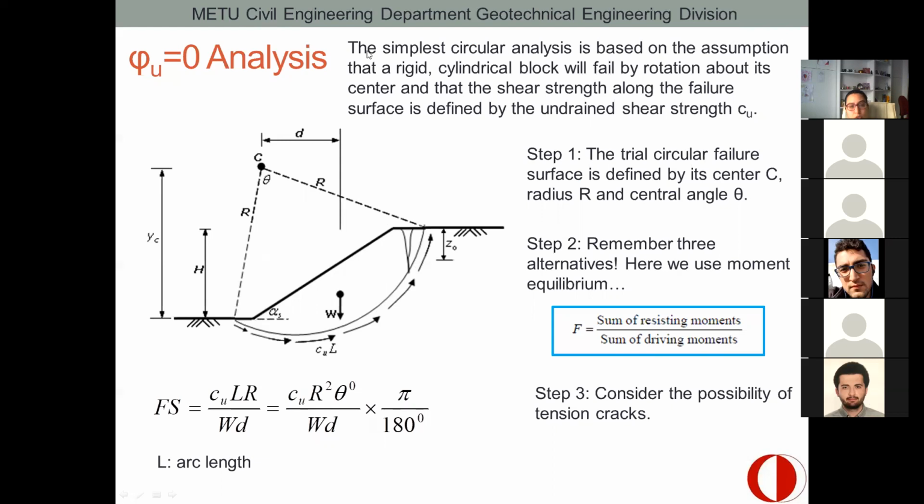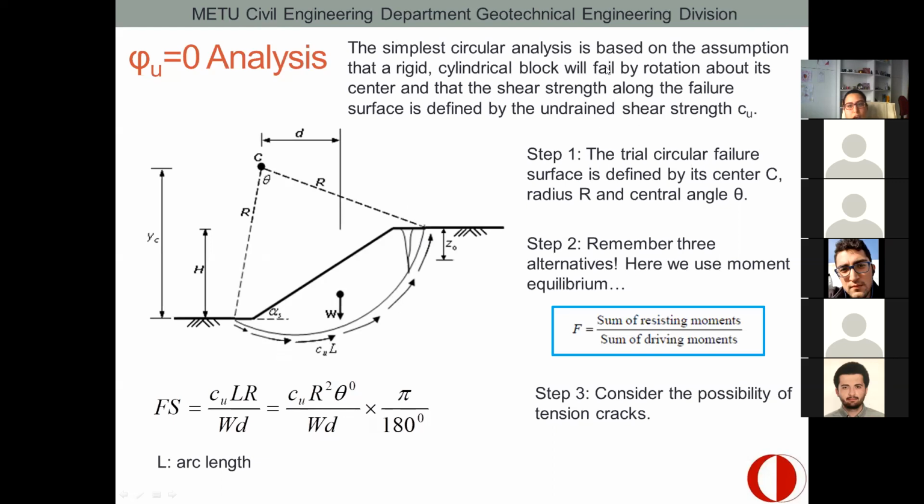So let me read the official sentence. The simplest circle analysis, which is called phi_u is equal to 0 analysis, is based on the assumption that a rigid but cylindrical or circular block will fail by rotation about its center, and that the shear strength along the failure surface is defined by the undrained shear strength C_u.